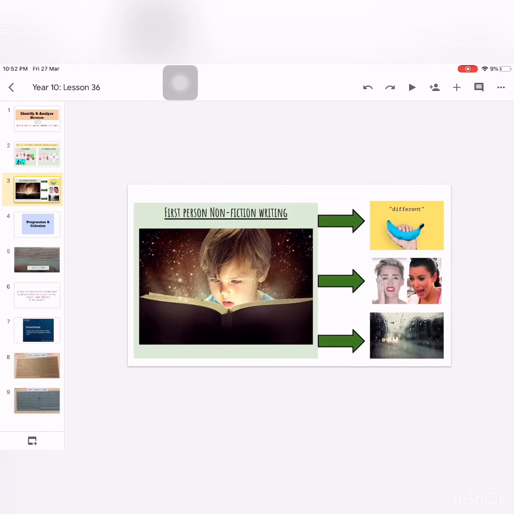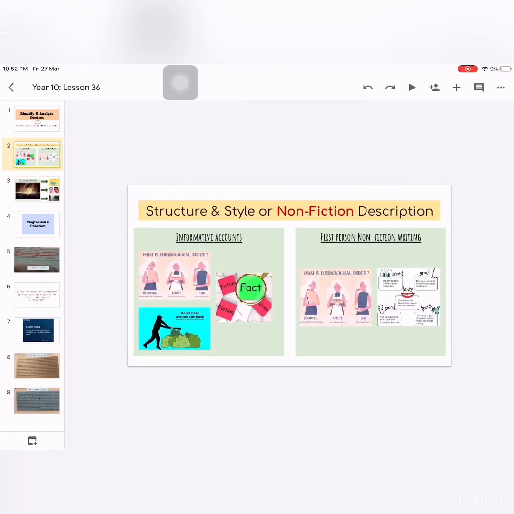Make sure your writing is unusual, dramatic, atmospheric, in a chronological order using imagery. So even though they are descriptive writings, they are factual, but you can still use imagery and then give the effects so that the readers can feel the way that you feel.